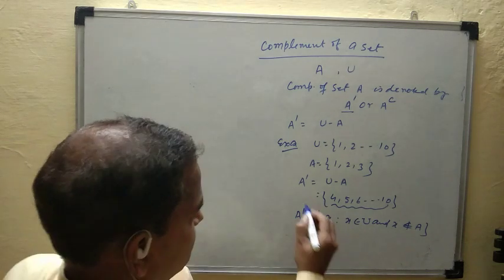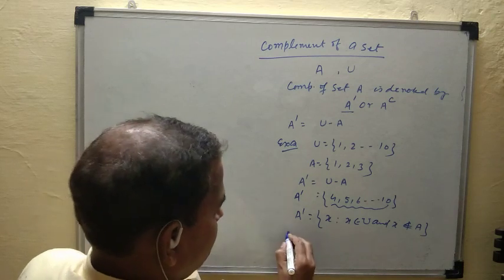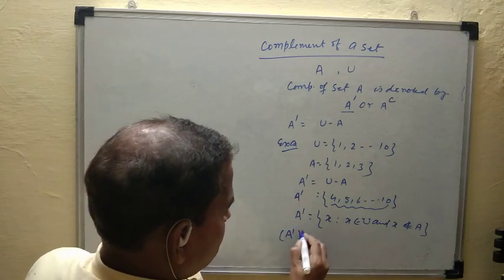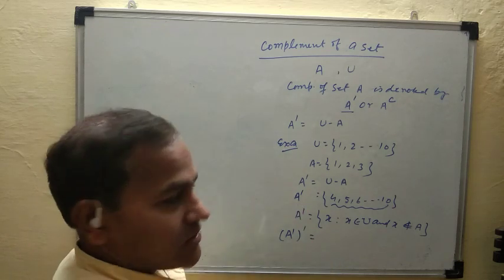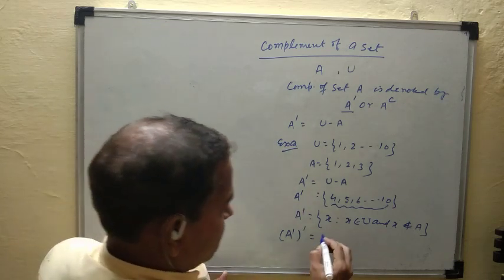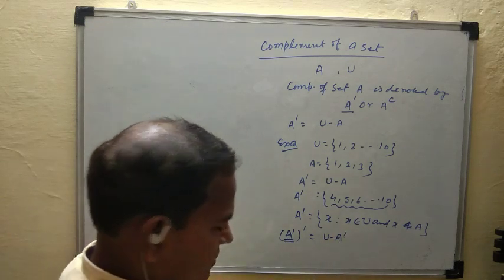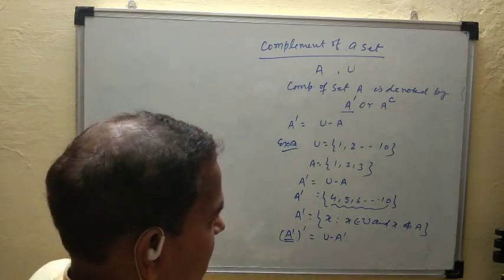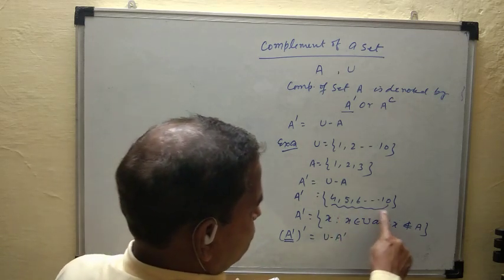Now this is the value of A dash. Again find A dash whole dash, that is, find the complement of A dash. This can be written as U minus A dash. U minus A dash, where A dash is 4 to 10.